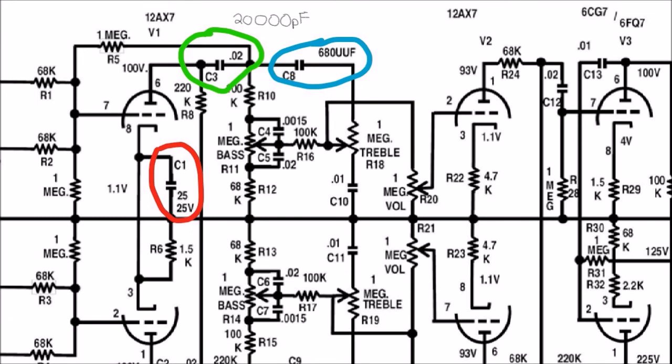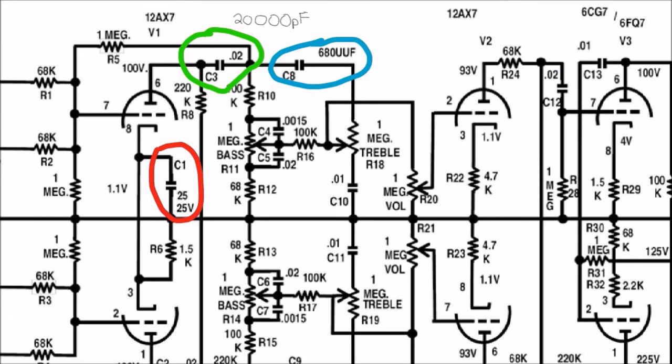The first one we're going to look at is circled in red. It's labeled as C1, and the value on it is 25 volts. So I would not even convert this capacitor at all, because this capacitor is above 1 microfarad, so that tells me that it is an electrolytic capacitor.